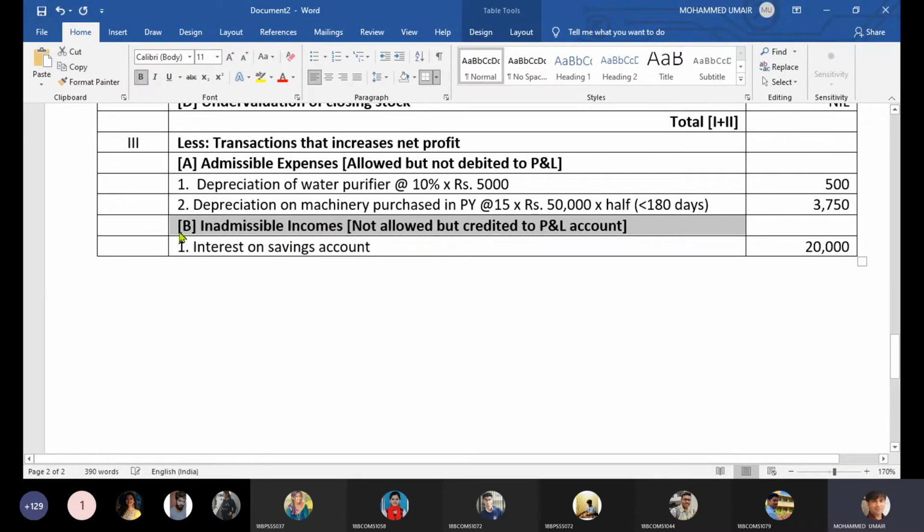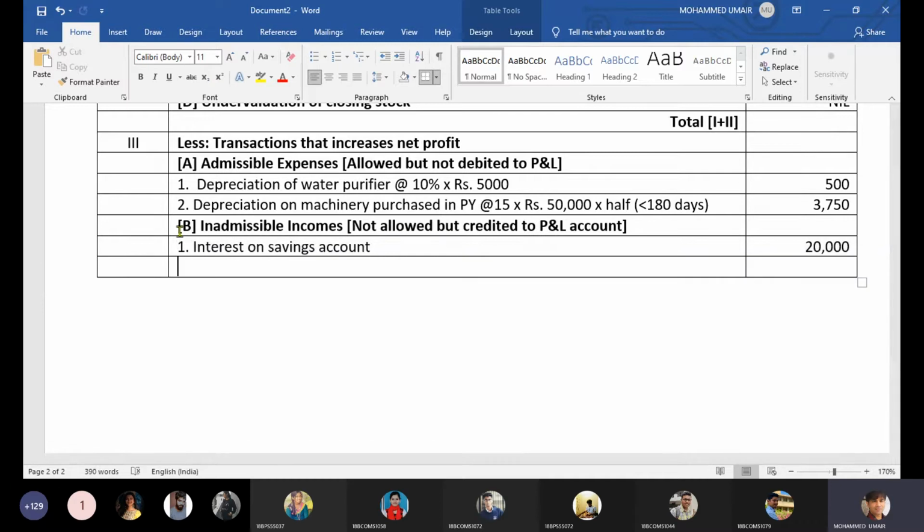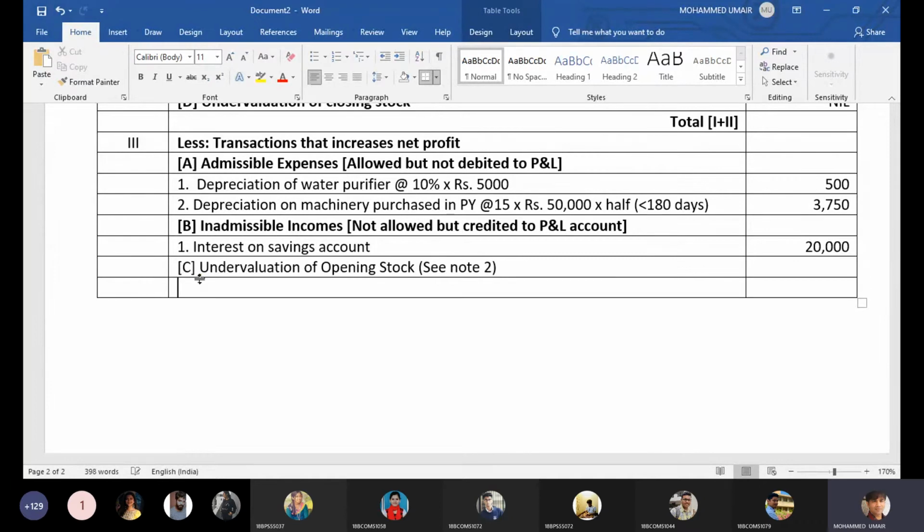So let's move on to stock adjustment now. In this question, one of the major items is the stock adjustments. So here, under valuation of opening stock, see note 2. So we'll do some notes, and the overvaluation of closing stock, both are there in this question.